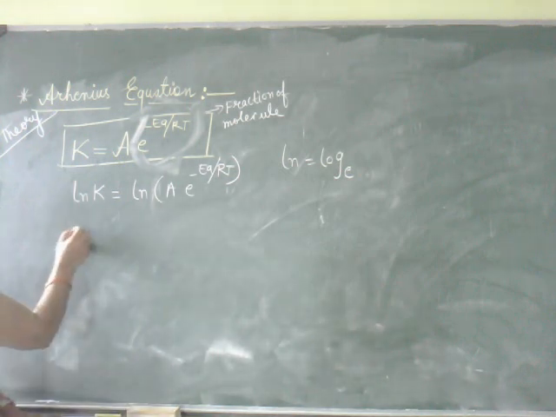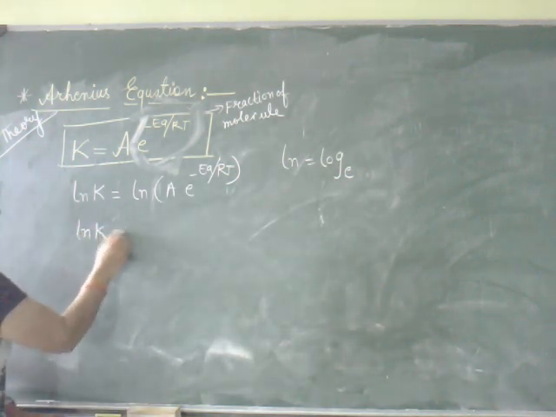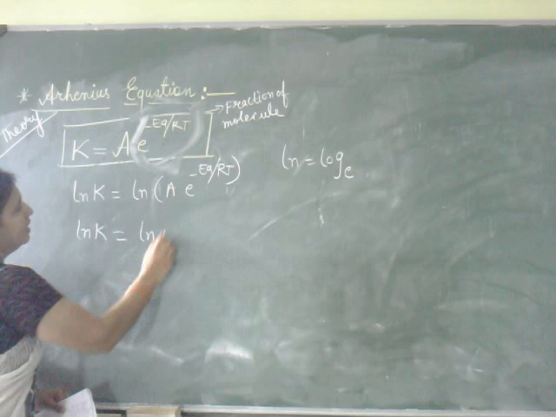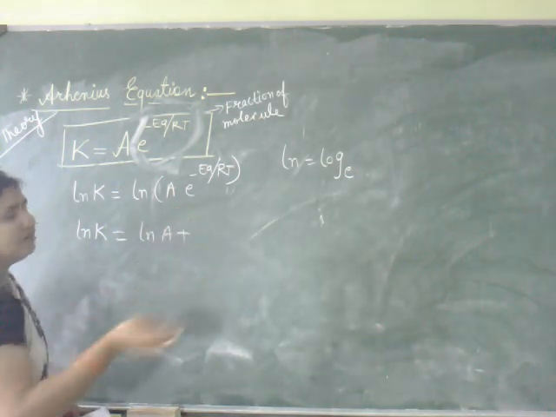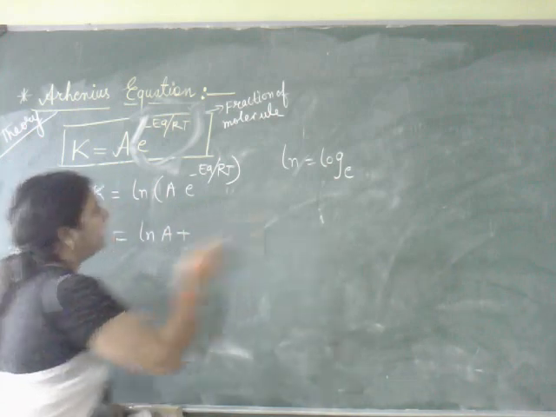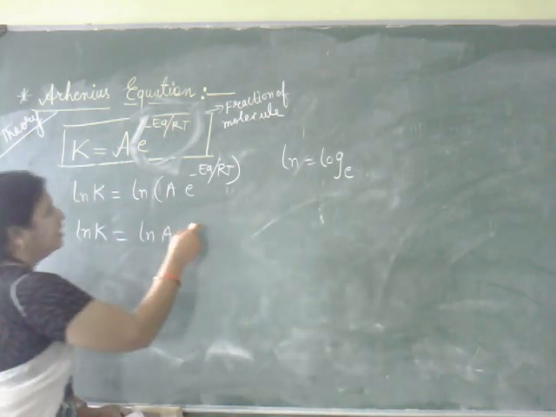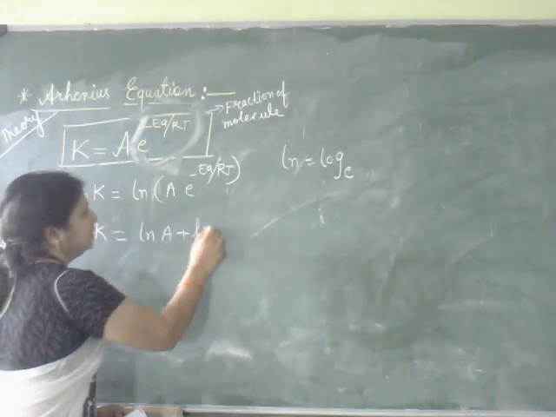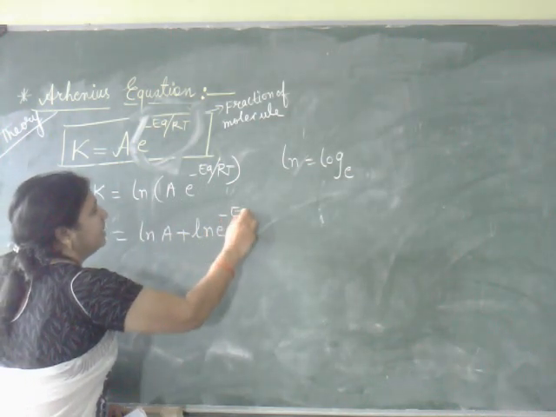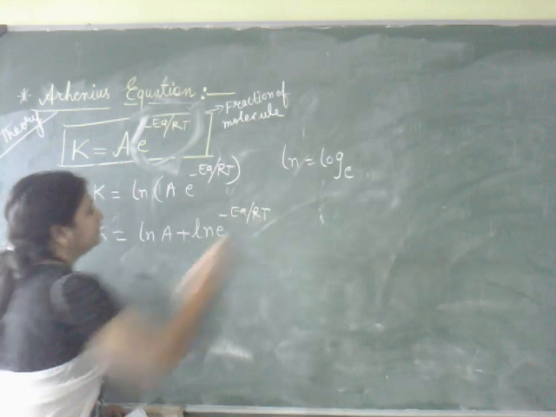So ln k is equal to ln A plus ln e to the power minus Ea by RT, using the formula ln AB is ln A plus ln B.